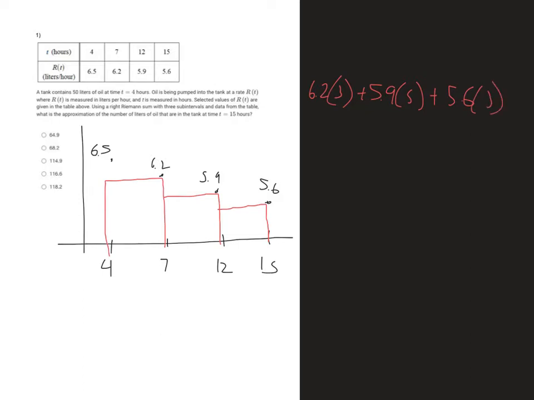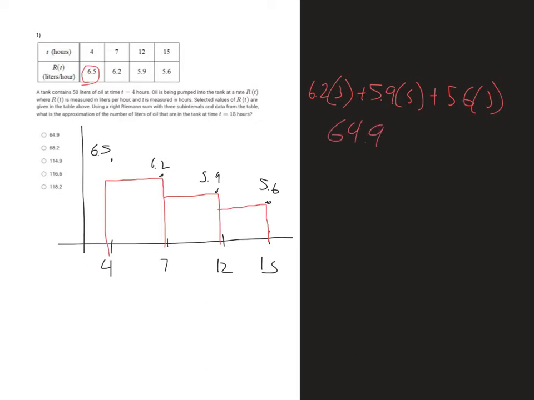Notice that we did not ever use the input of 6.5 because that's never a right endpoint. And we're only interested in from 4 to 9. So that's just not part of our problem. So I add all that up and I get 64.9.